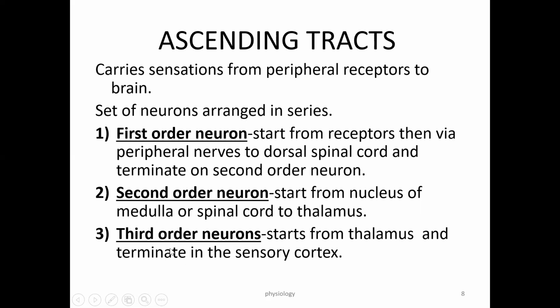Also, the third order neuron in the dorsal column pathway goes directly from the thalamus to the sensory cortex, while in the anterolateral spinothalamic tract there are some differences, with fibers going to a different group of reticular nuclei or thalamic nuclei and then to the sensory cortex. I will describe this in the anterolateral spinothalamic tract.